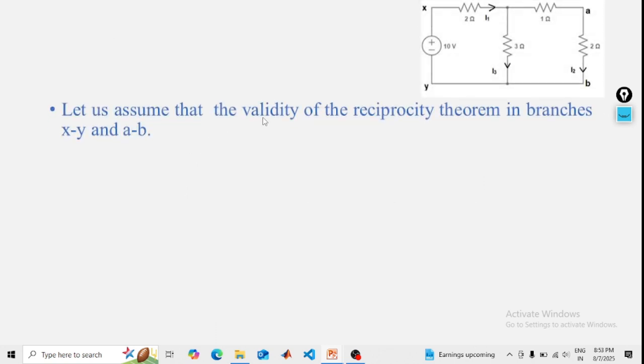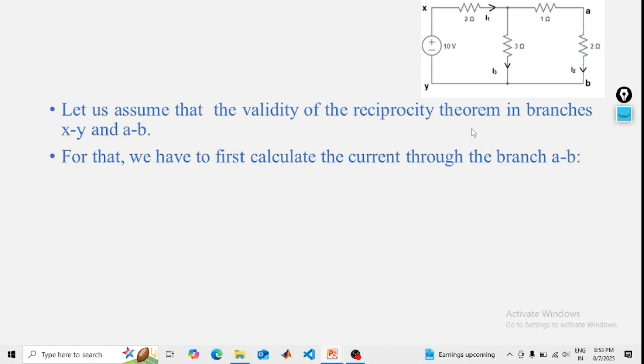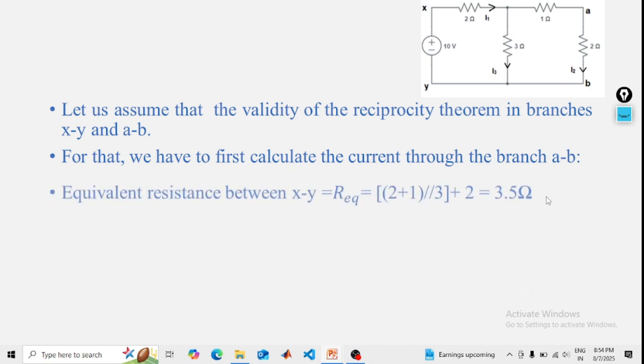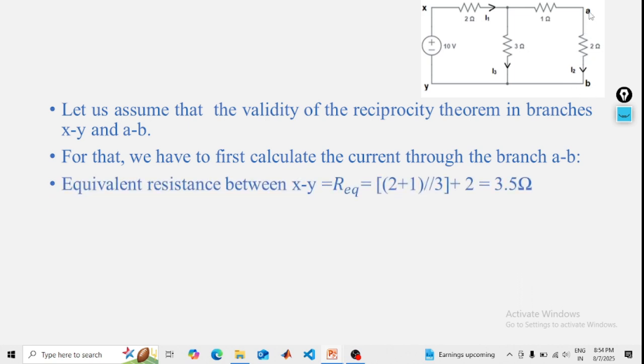Let us check the validity of the reciprocity theorem in branches XY and AB. For that, we first calculate the current through branch AB. What will be the equivalent resistance? From this side, the same current flows through 1 and 2, so 1 and 2 are in series.